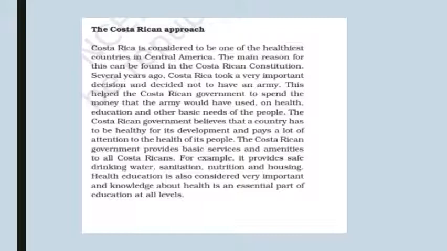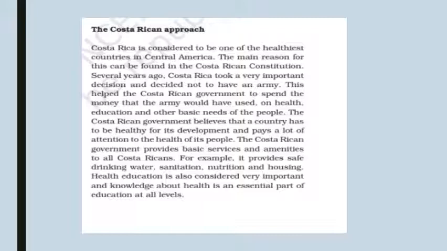Costa Rica took a very important decision to not have an army. This helped the Costa Rican government to spend the additional money on health, education, and other basic needs of the people. The Costa Rican government believes that a country has to be healthy for its development.